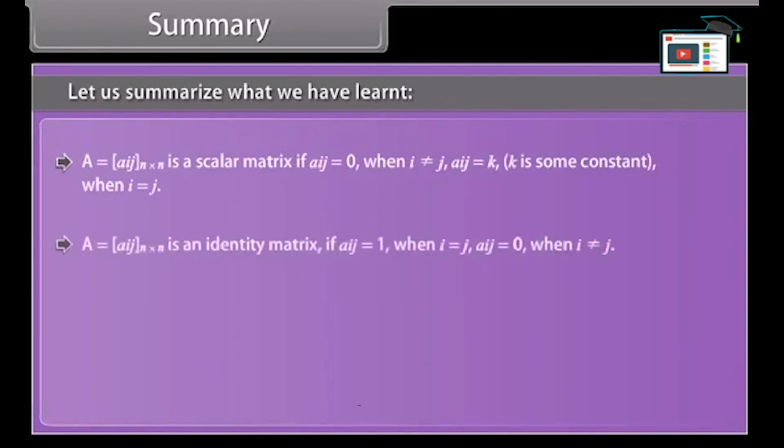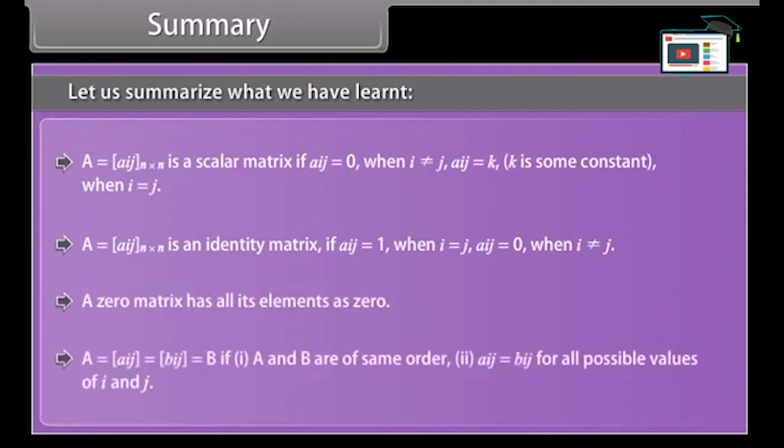A is equal to Aij n by n is an identity matrix if Aij is equal to 1 when i is equal to j, and Aij is equal to 0 when i is not equal to j. A zero matrix has all its elements as 0.